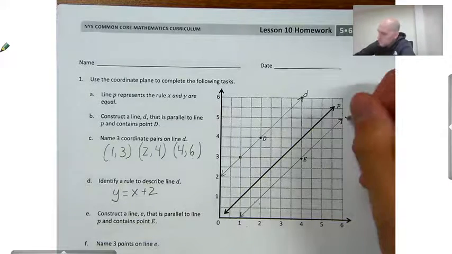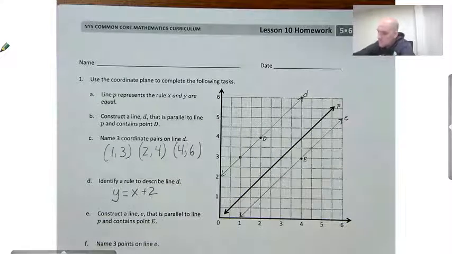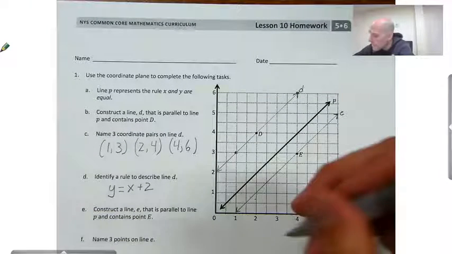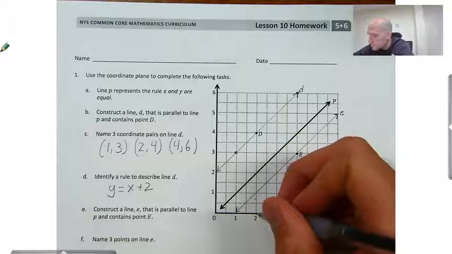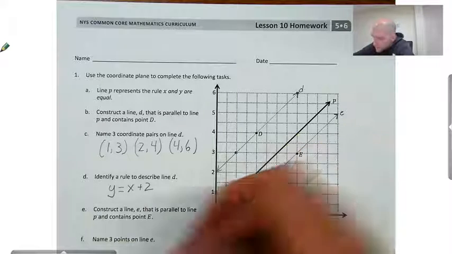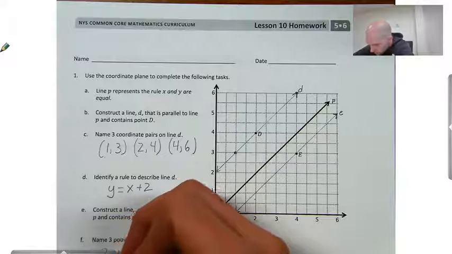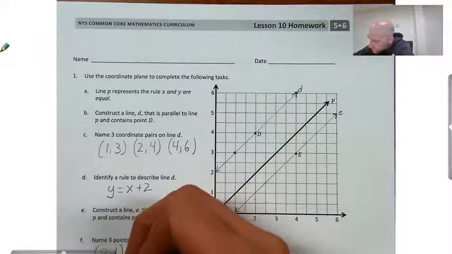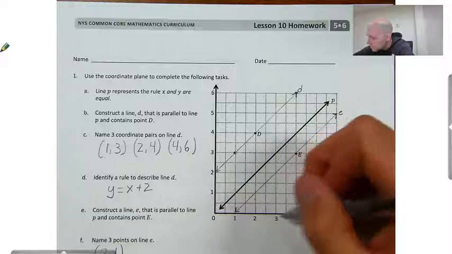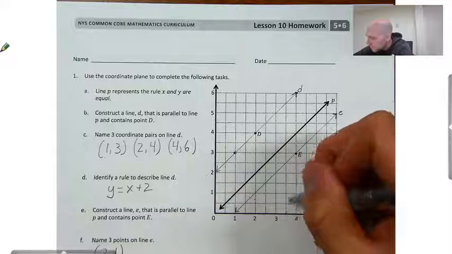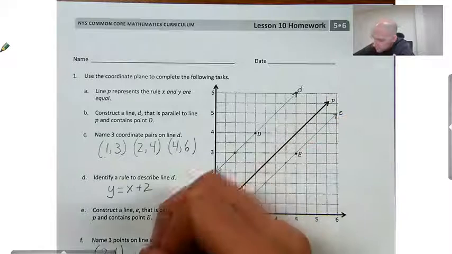And I imagine that we're going to be doing the same thing for this, finding 3 points that fall on that line. So let's do 2, 1. We'll do a half. There's some halves here. 3.5, 2.5.